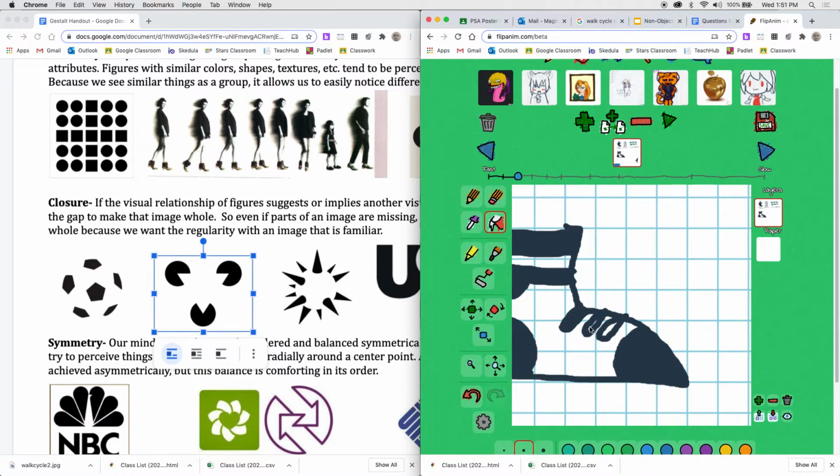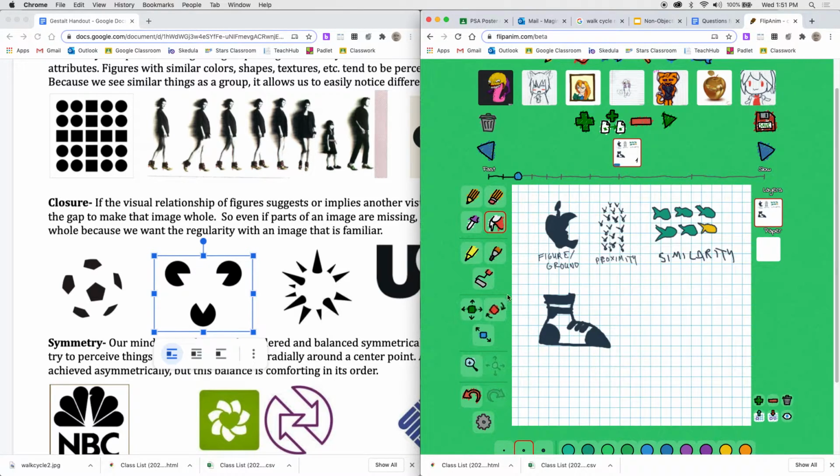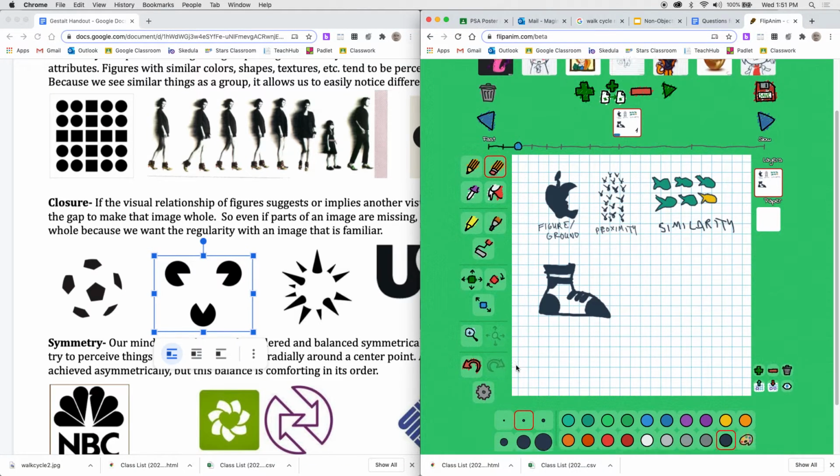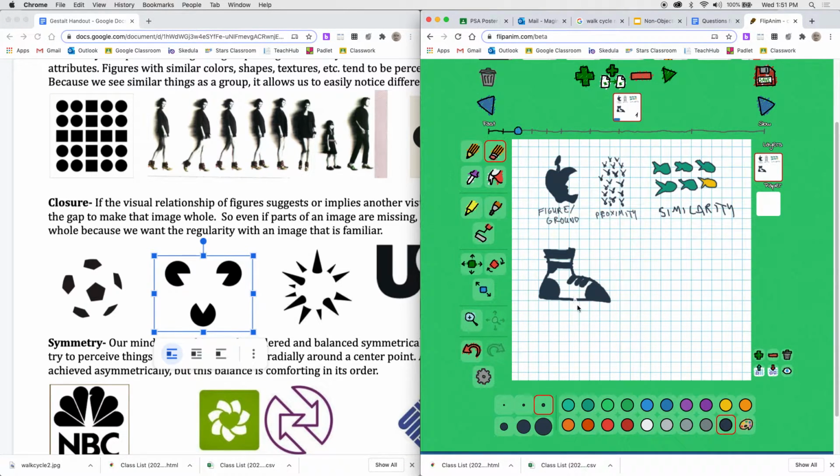Okay, and now that I've got those shapes filled in, I'm going to come back with my eraser and erase away some of these lines that connect it, the thinner lines, not the shapes, but the lines that connect some of those objects.